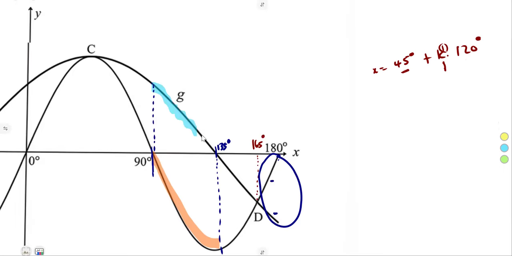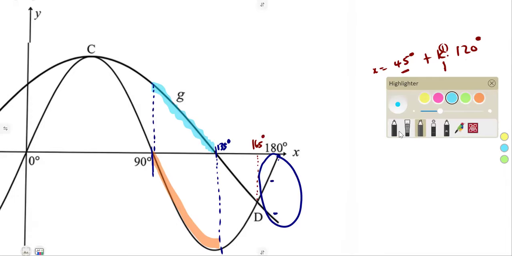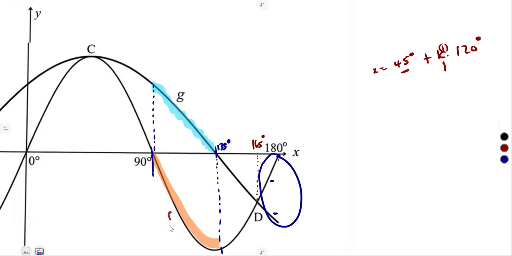One of these, g(x), will be positive, whereas f at that moment is negative. So this is positive, this is negative. That is the condition, guys, that you're going to use.